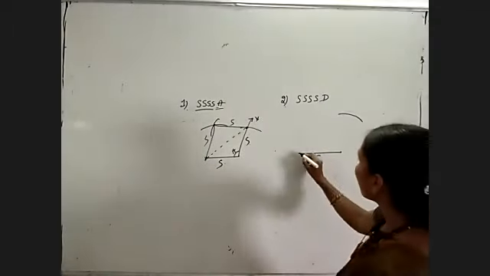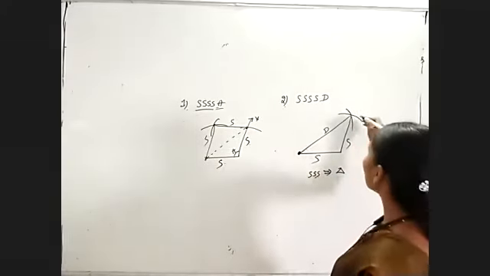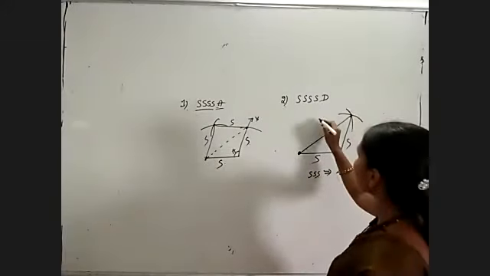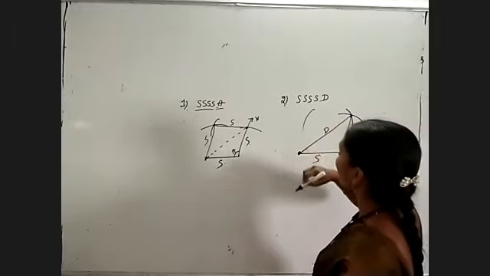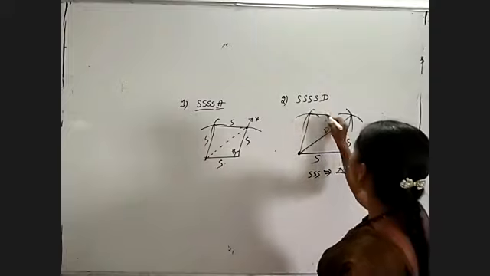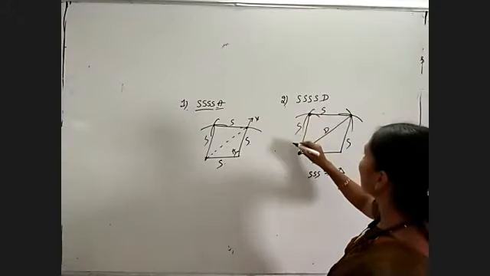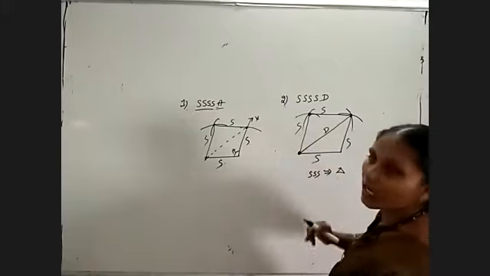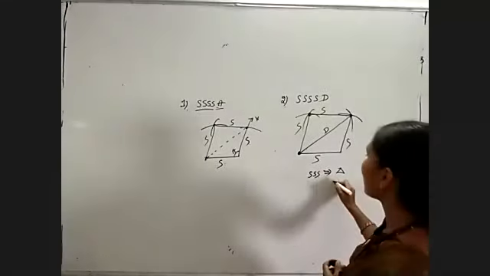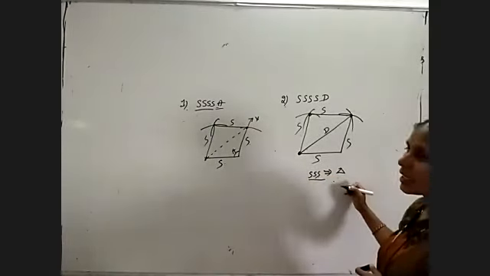By using the side criterion, we construct the triangle first. Then for the fourth vertex, we use the remaining 2 sides, one from here and another from here, and draw arcs using the compass. Like this we get the fourth vertex.